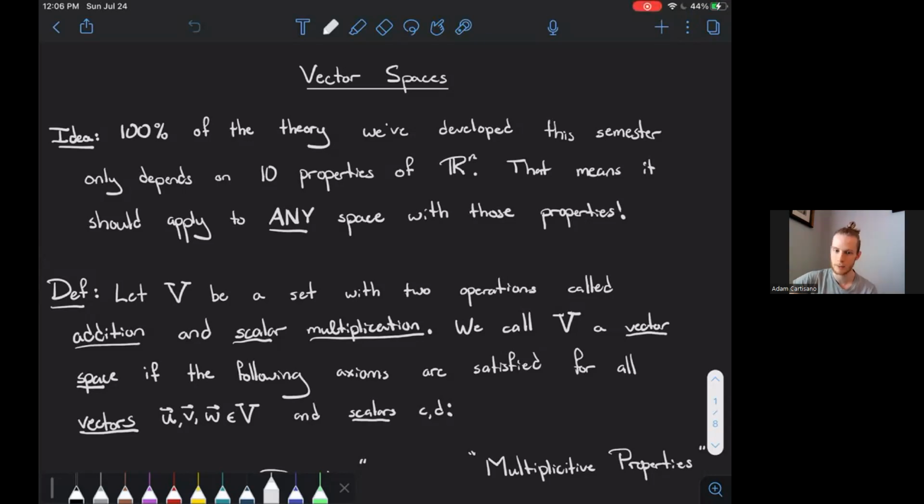So the set is the set of vectors, and then we have to have a collection of numbers, probably the real numbers, which will be the set of scalars. Okay, and then given those three objects, a set of vectors, a way of adding two vectors together, and a way of scaling one vector by a number, here are the properties that they need to satisfy.